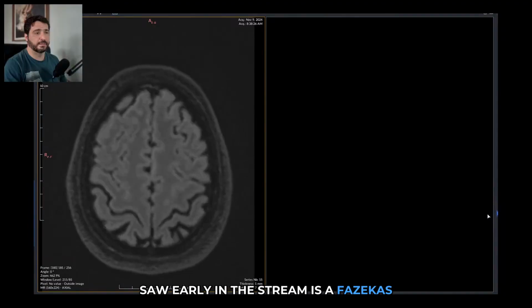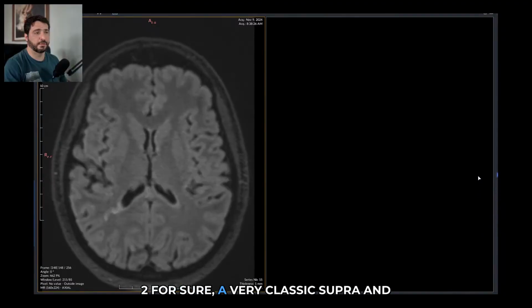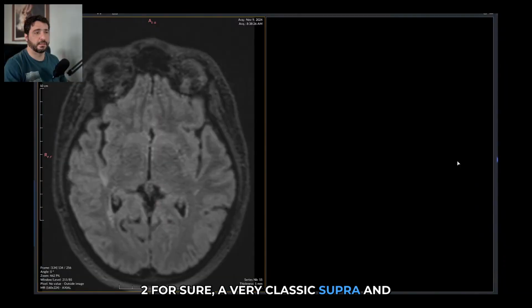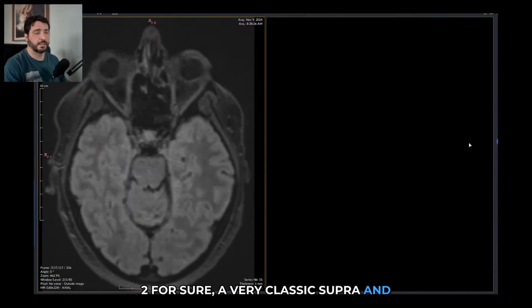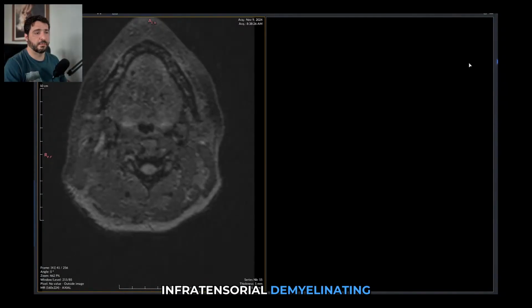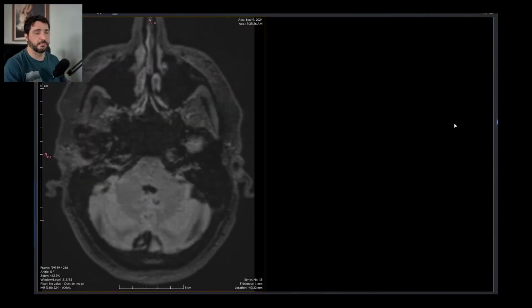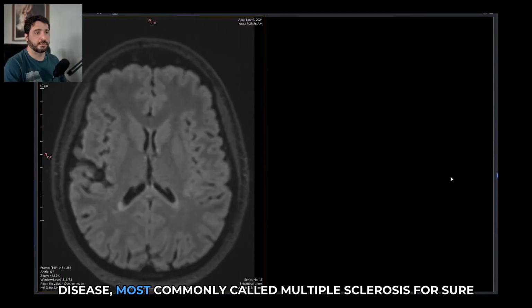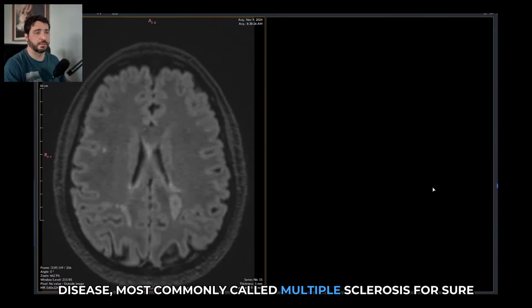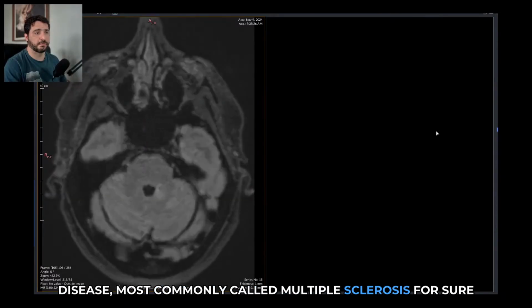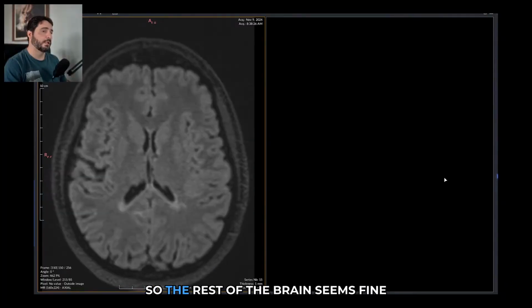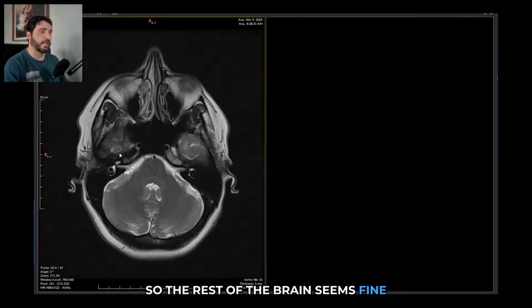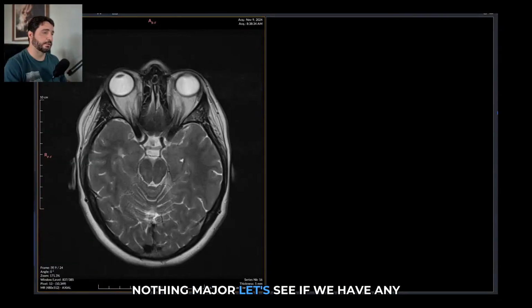It's a Fazekas 2 for sure, a very classic supra and infratentorial demyelinating disease, most commonly called multiple sclerosis for sure. So the rest of the brain seems fine, nothing major.